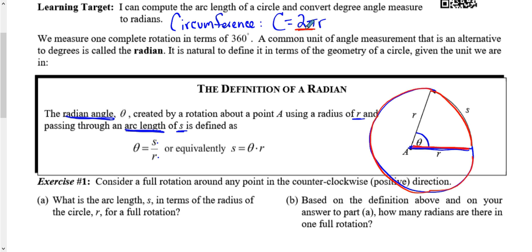If I took that radius length like it was a string and wrapped it around the circle, wouldn't there be 2 times pi radiuses all the way around the circle? Because that circumference is 2 pi times the radius. That means every circumference of the circle has 2 pi radiuses all the way around it. Okay? That's kind of key to know.